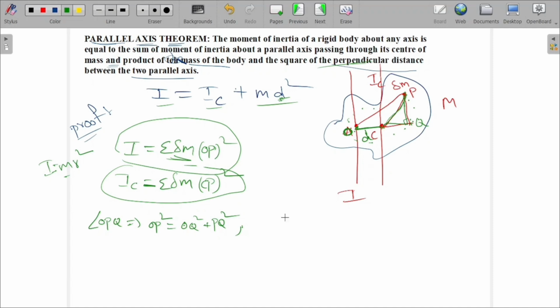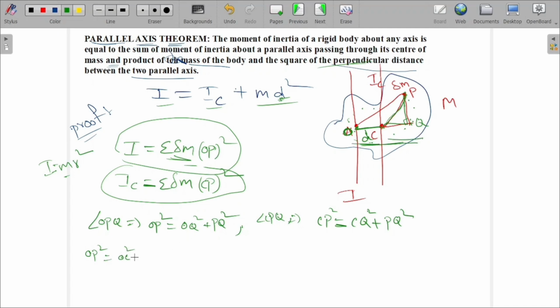What is that? CPQ. From the triangle CPQ, what will you get? CP square equals CQ square plus PQ square. So from this, OP square equals OQ square. OQ means this total distance, that is OC plus CQ.